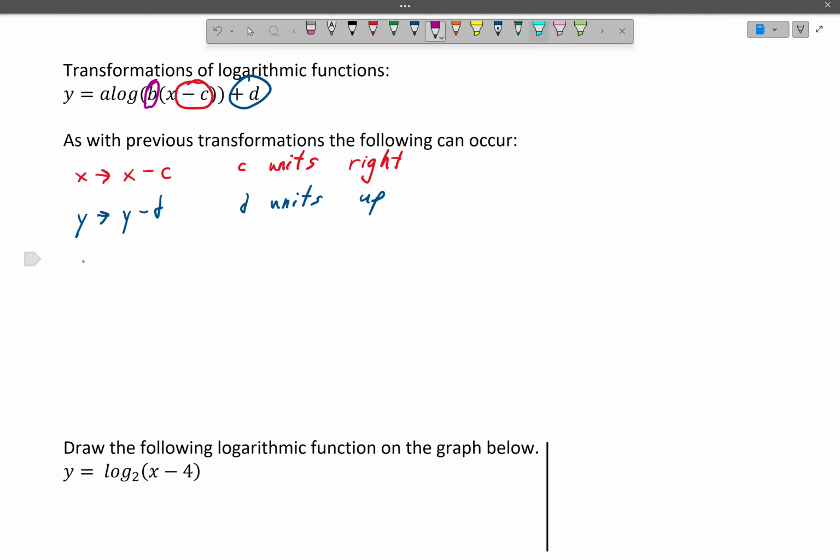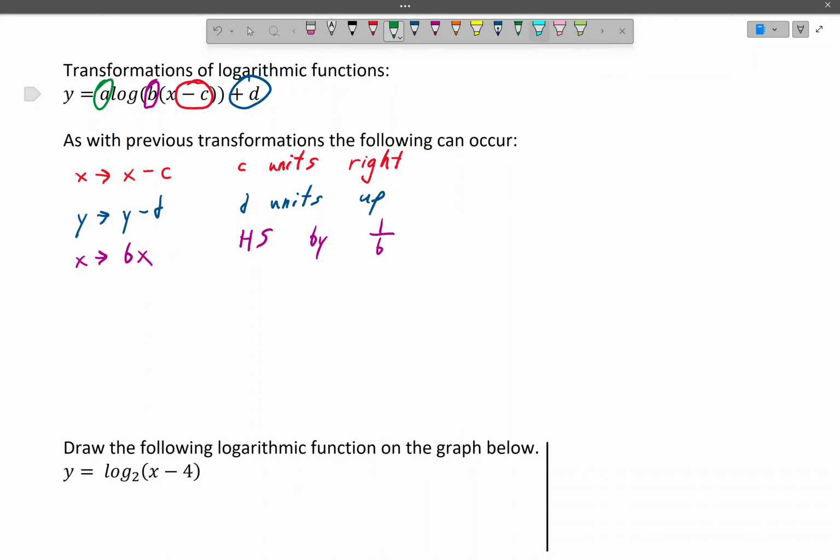Okay, the b value. Individually, the b value is replacing x, so it's multiplying by x. So that means we'll say horizontal stretch by a factor of 1 over b.